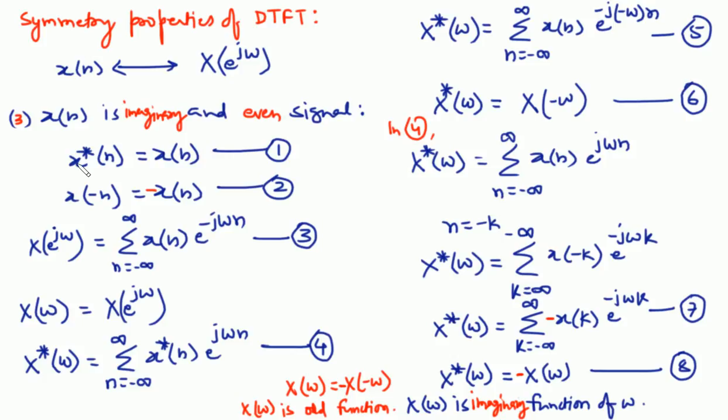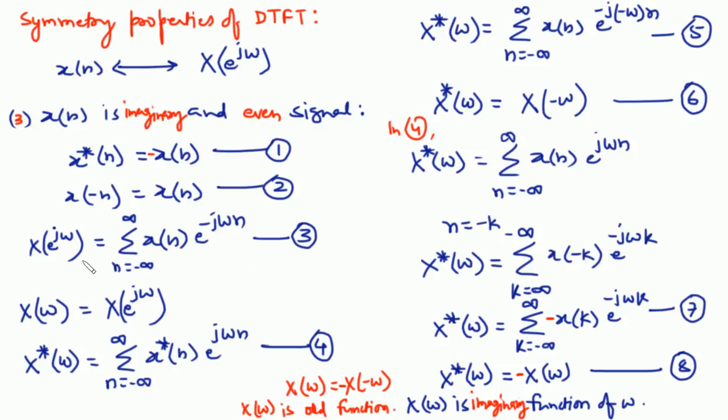If x[n] is imaginary, then the complex conjugate of x[n] is minus of x[n], and x[n] is even, so x of minus n is x[n]. So the DTFT of x[n] is X e to the power j omega, that is summation of x[n] e to the power minus j omega n.